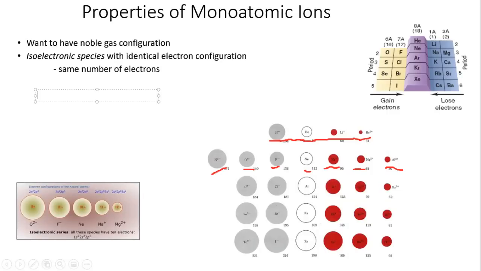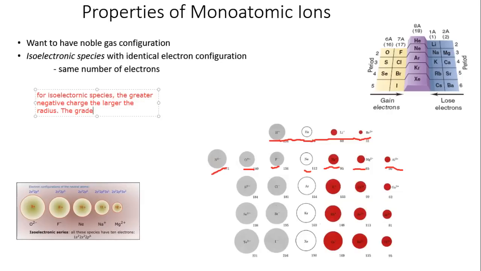And so for isoelectronic species, the greater the negative charge, the larger the radius.